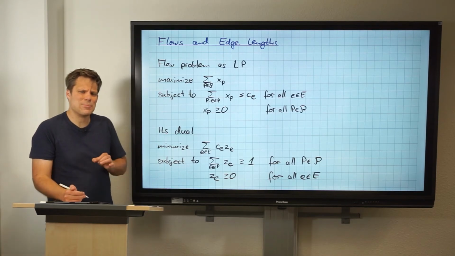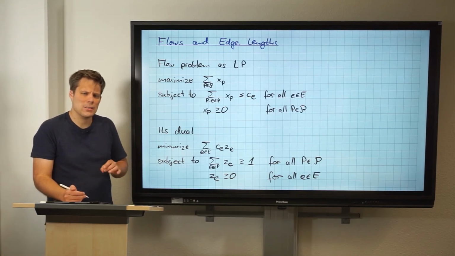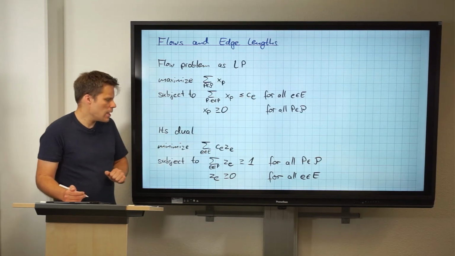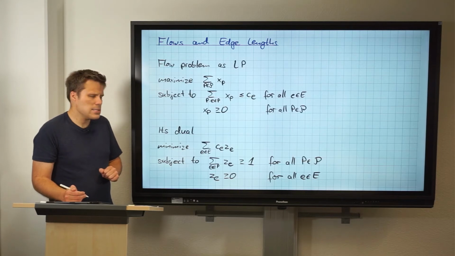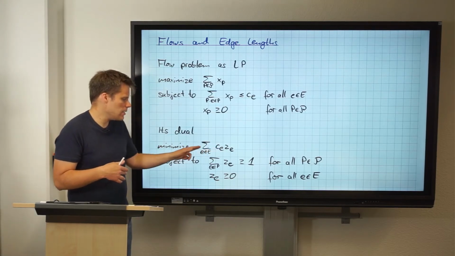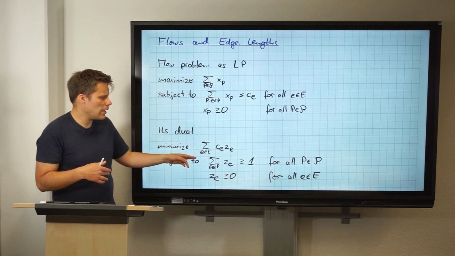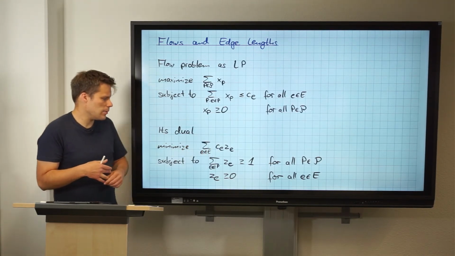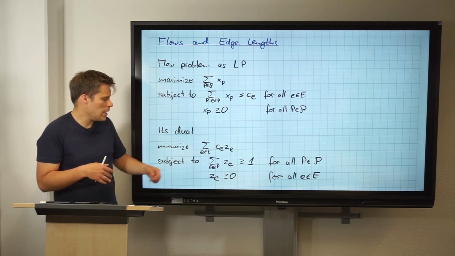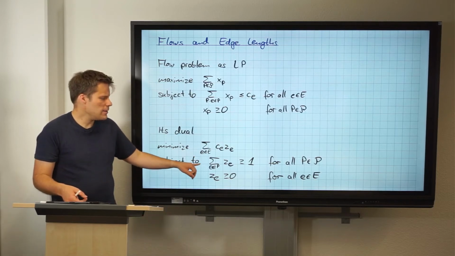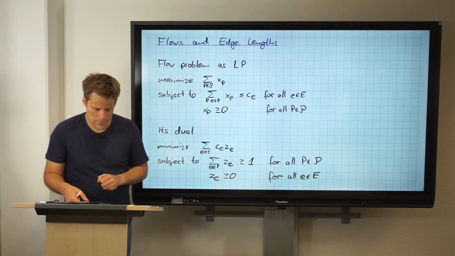Because to get the precise result that we'll need, we'll now keep this thing here fixed. This sum of C times Z_e: somebody chooses edge lengths where this is fixed, and then we claim that if this is, for example, exactly the maximum flow value, then there has to be a short path.